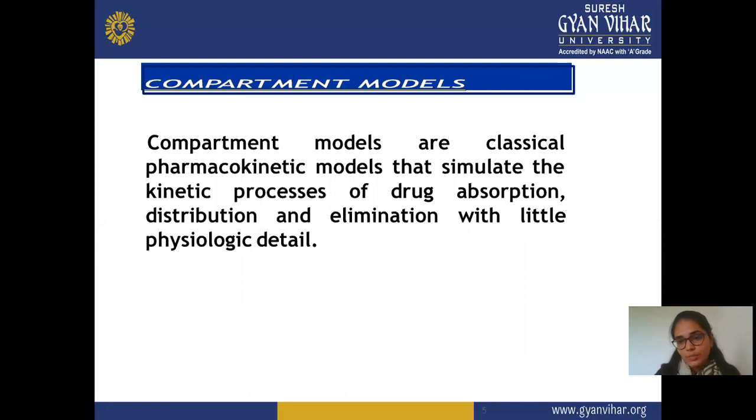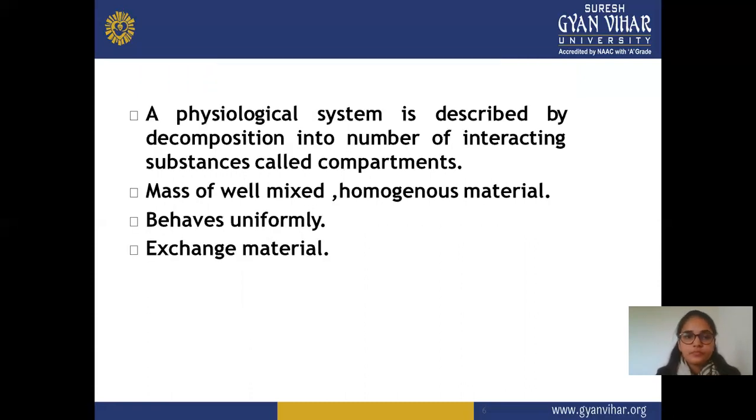Elimination includes excretion and metabolism both, and a little physiological detail also. The physiological system is described by decomposition into a number of interacting substrate-bearing compartments, meaning how many compartments are interacting. In a multi-compartment or two-compartment model, there may be two or more than two compartments. So we check how many compartments are interacting and how much substance is interacting in these compartments.